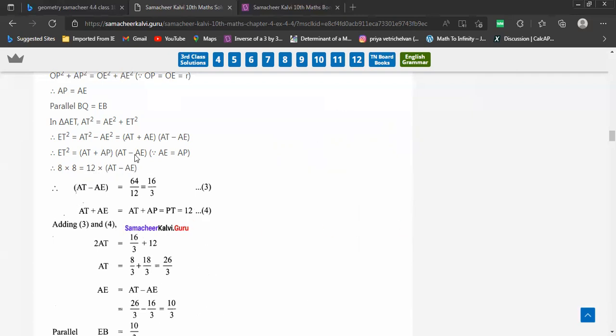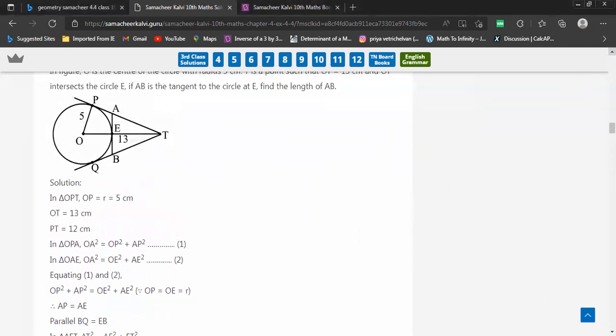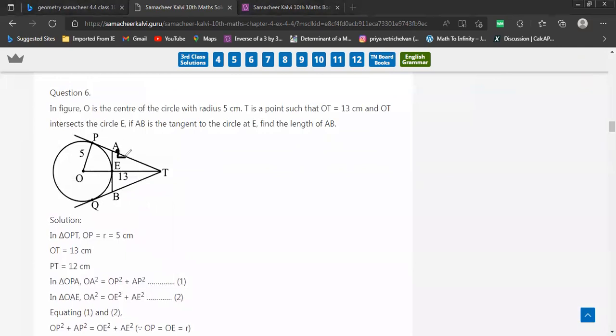So we know this value already. We said AP is equal to AE, which means the parallel BQ is also equal to EB. So from that, if AE is 10 by 3, the EB is also 10 by 3.